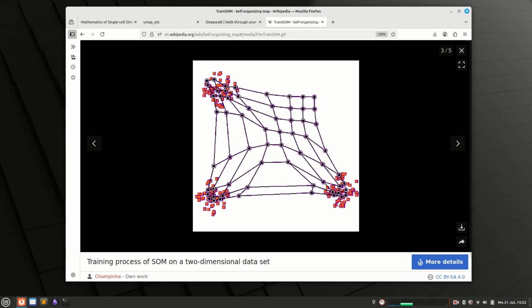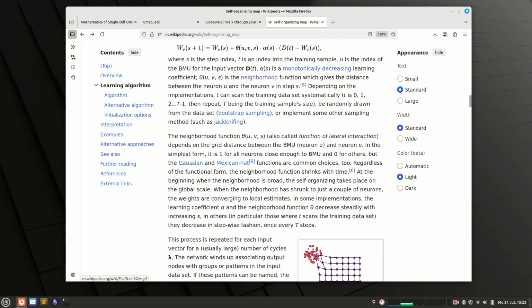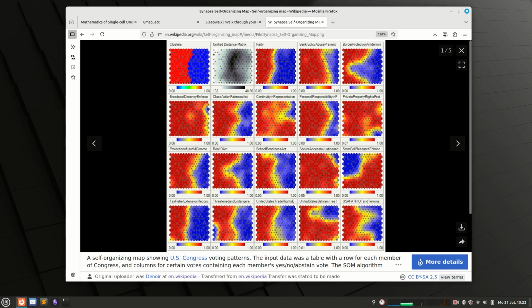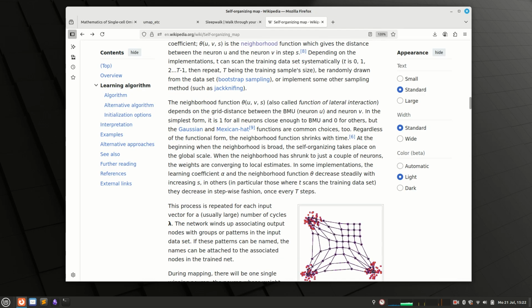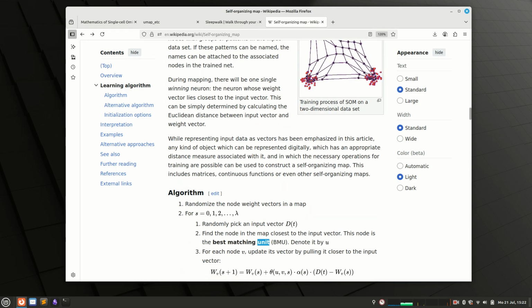And yeah. So just to understand, you always start from a grid, right? Exactly. I think they like to start with a hexagonal grid because the neighborhood is a bit more flexible. But you start from a grid, and you have some clever way where you always take a data point, find its best matching pixel, and then we move the vector for this pixel a bit closer to the data point and do the same for all its neighbors.